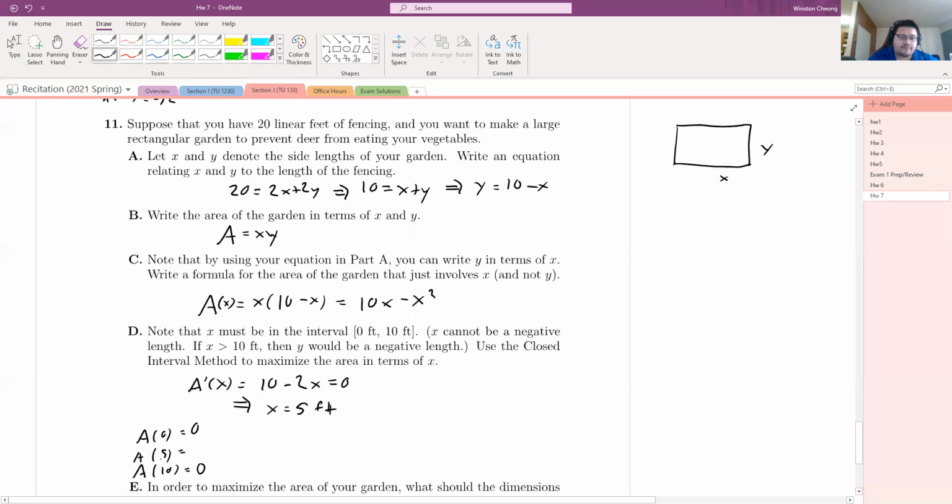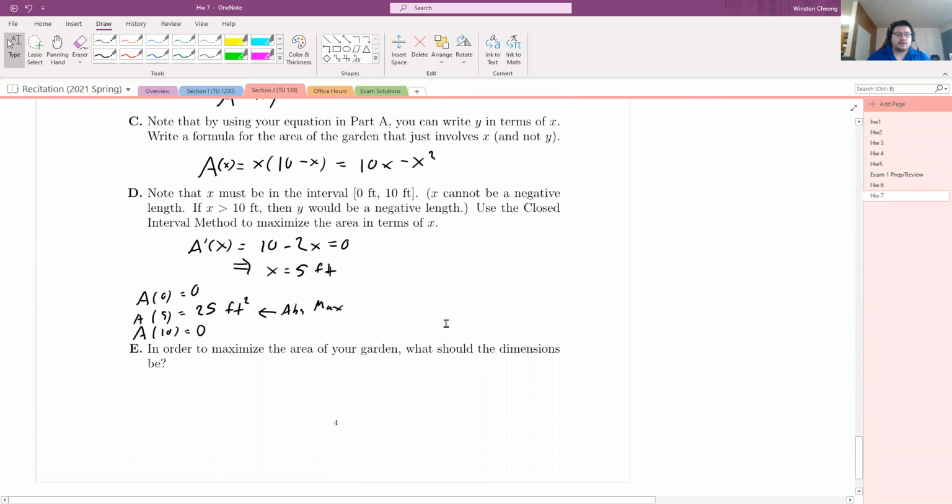And for 5, we look back at this and we get 5 times 5, so we get 25. And I may as well put the units, feet squared. So this ends up being the absolute max. That's what the closed interval method tells us, which therefore means that this maximizes the area function, which is precisely what we're looking for.